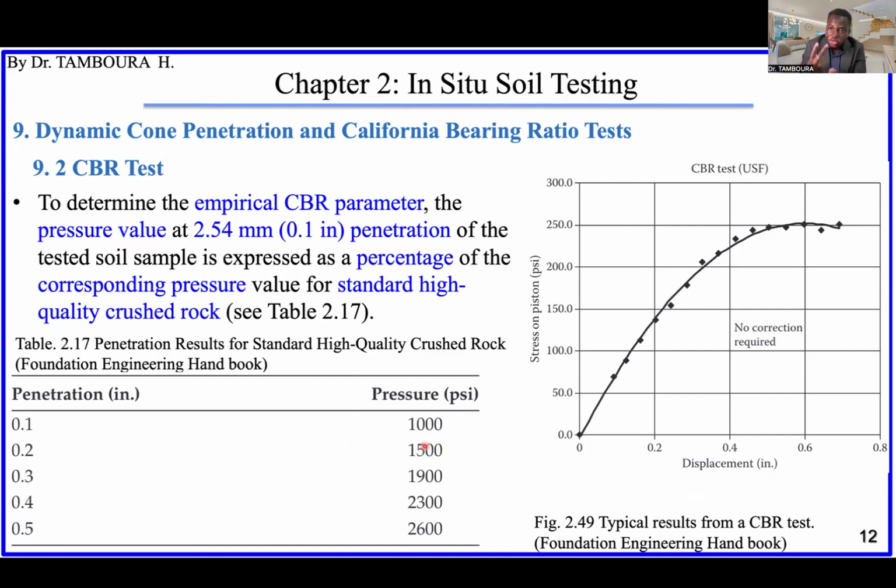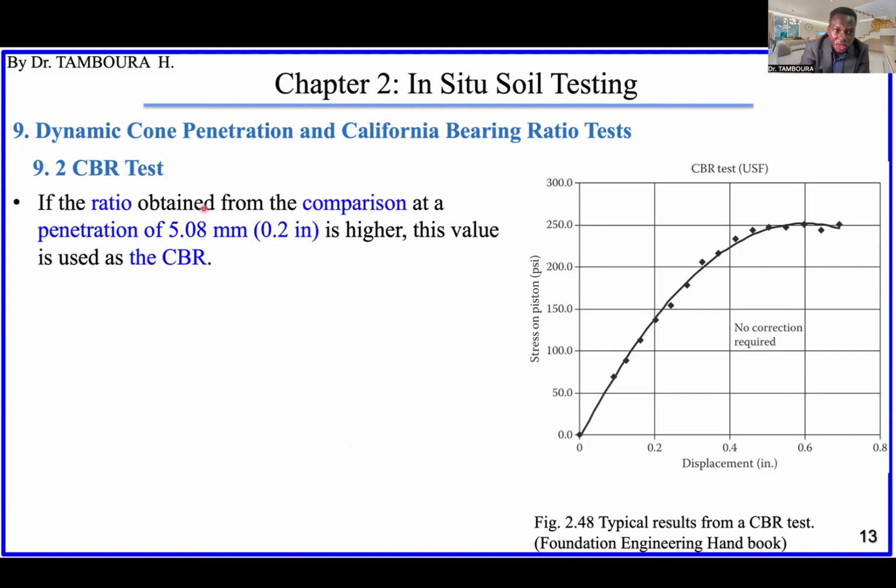So you have two ratios now. If the second one is larger, is higher, you will keep that value, you will consider that value as your CBR. Okay, this is the meaning.